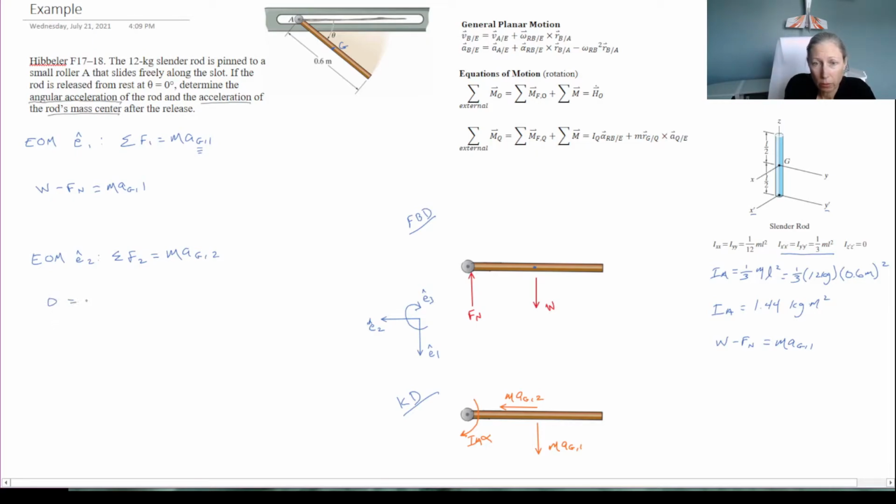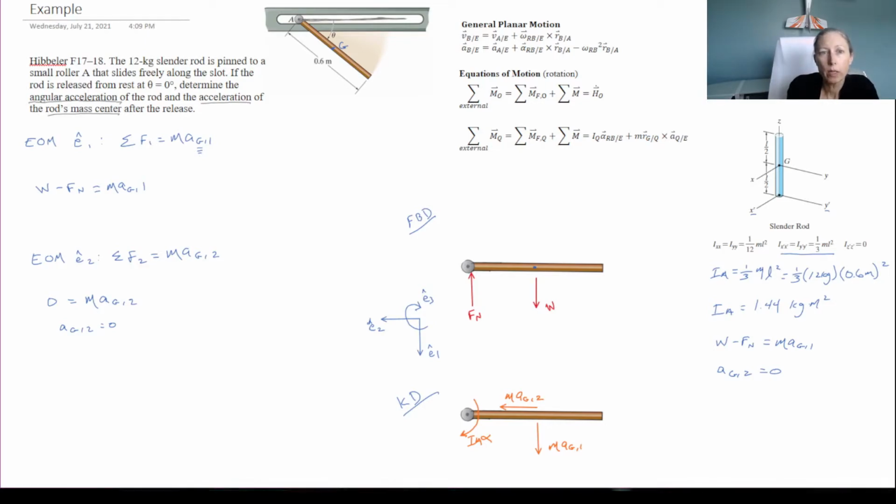So 0 equals MAG2. And so the mass is not 0. So that means AG2 is in fact 0. Okay, so that's an important finding. I'm going to write it over here on the right. AG2 is 0. Okay, great.